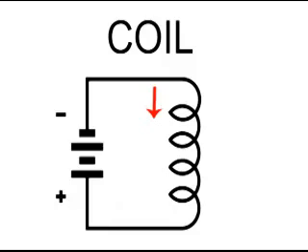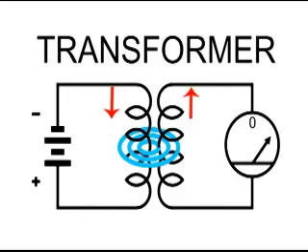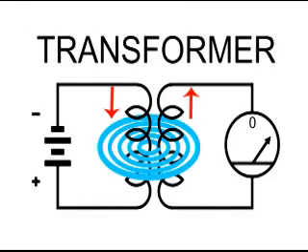Now when we add another coil of wire, we'll call it the secondary, as the magnetic field expands, remember that it is stronger, it also cuts across more wire on the other side, transferring more power. But it acts exactly the same. The current is still in the opposite direction, and when the magnetic field stops, there is no current flow in the secondary.